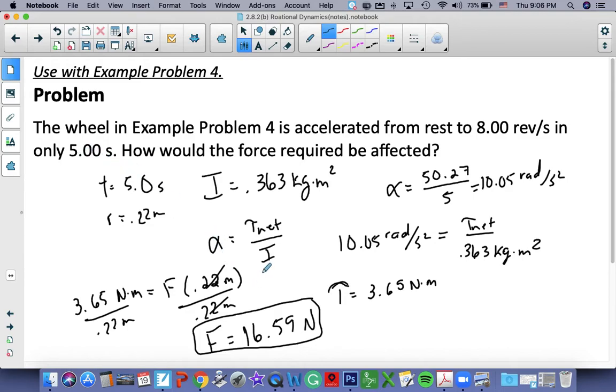Okay, so if we think about this, our time here is 5 seconds. Before it was 15 seconds, and we had 5.5. So we're cutting our time down by 3, right? We're doing it in 1/3 the time. So if we're cutting our time down by 3, then our force should have to be 3 times as much.